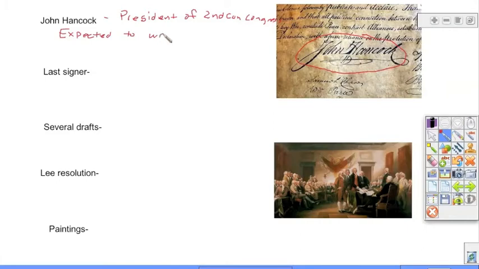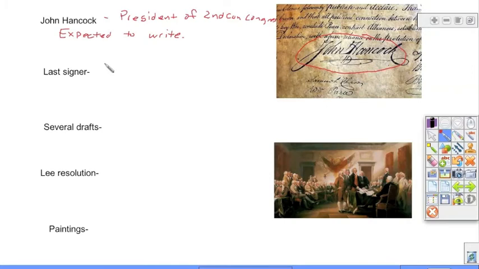So a leader of a group, when they signed a document, was supposed to put their name in the middle and the largest. Maybe that's the exact reason why it's so big, but one would expect John Hancock's signature to stick out because he was the president of the Second Continental Congress.